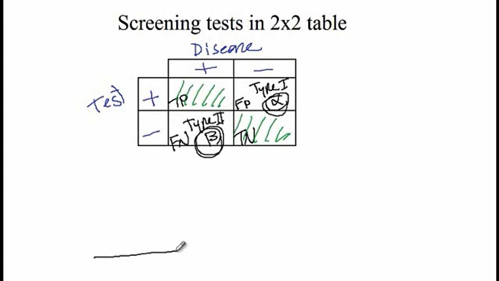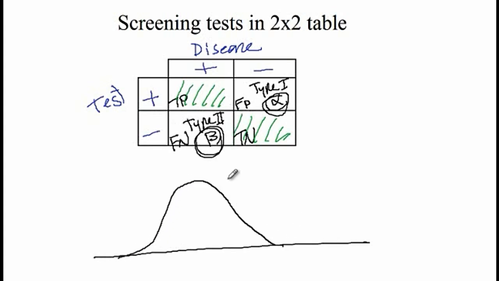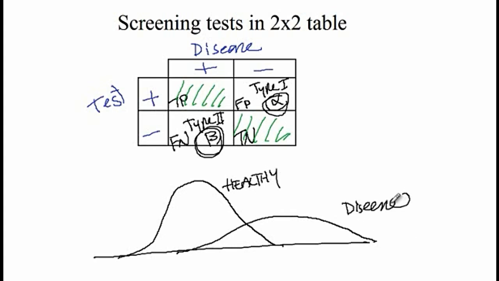So if you have a curve here for individuals who are healthy and another curve for individuals who have the disease, and then let's say we have a screening test with the threshold that is set here. So anyone who falls above the threshold would be testing positive as if having the disease, and anyone who falls under the curve would be testing negative.